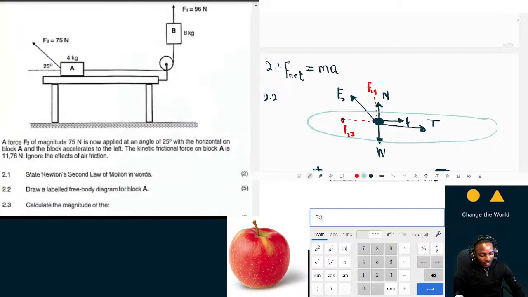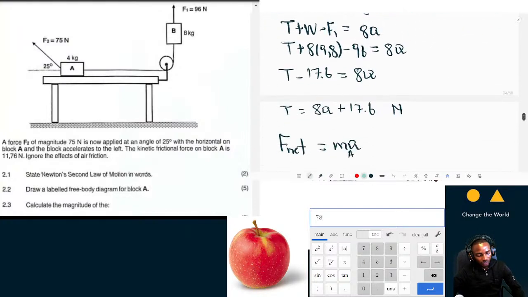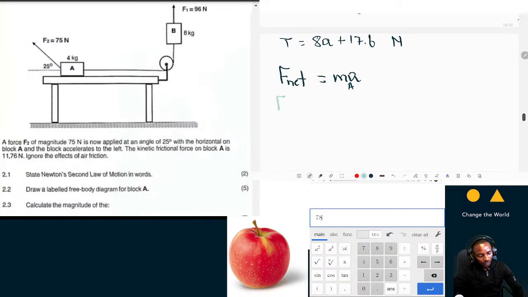We have the x component of F2, while friction and tension oppose it. So we have F2x, which is opposed by tension and frictional force. This will be equal to ma.